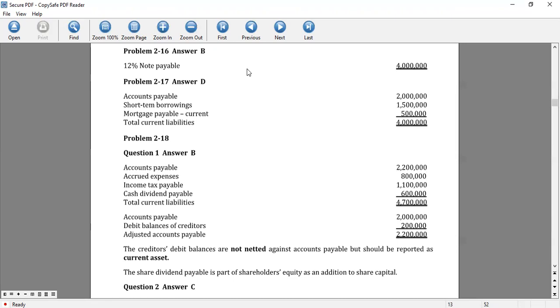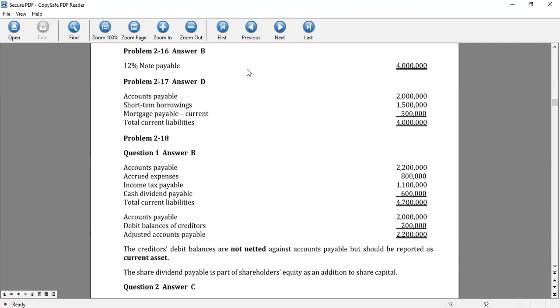Discount on bonds payable, mortgage payable, the current portion, 500,000, and bank loan due June 30, 2021. The 1 million bank loan was refinanced with a 5-year loan on December 31, 2020. Now, that's with regards to the 1 million bank loan. The financial statements were issued on March 1, 2021.